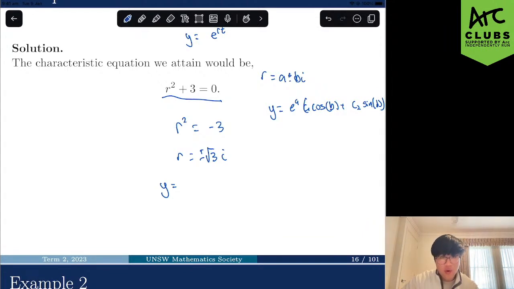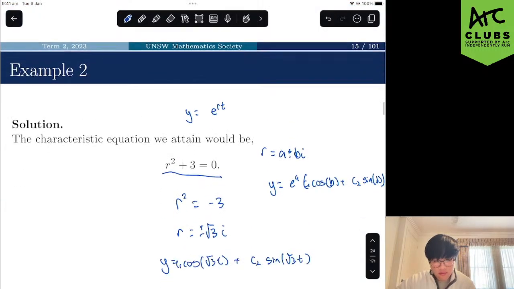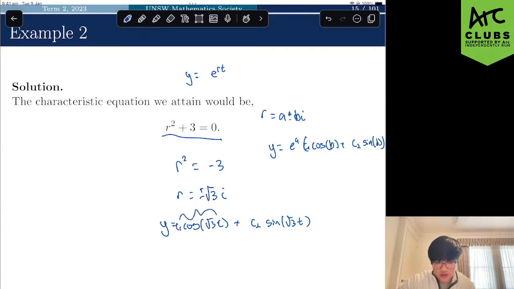So then what we'll get is just C1 cosine root 3t plus C2 sine root 3t. And to be more precise, these are two separate solutions. So we can write this as y1 equals cosine root 3t, y2 equals sine root 3t.